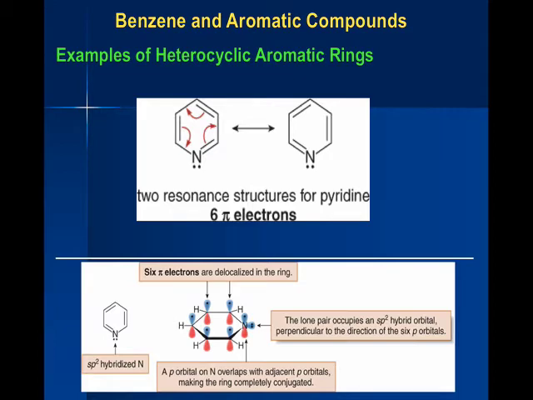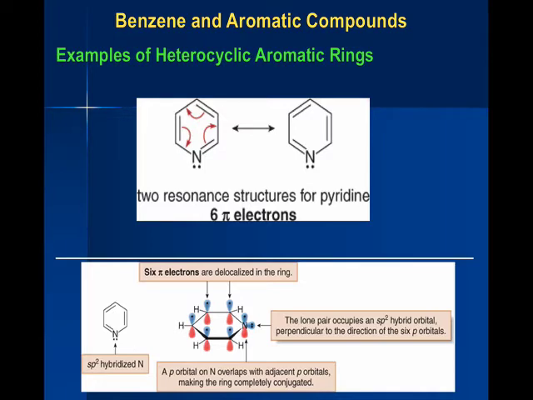This is an example that we've already talked about, pyridine. Pyridine satisfies all 4 rules of aromaticity, right? It's cyclic, it's completely conjugated, it's planar, as you can see in the diagram, and it satisfies Huckel's rule, okay? It has only 6 pi electrons. In this case, the lone pair electrons do not count because they are orthogonal to the pi system.